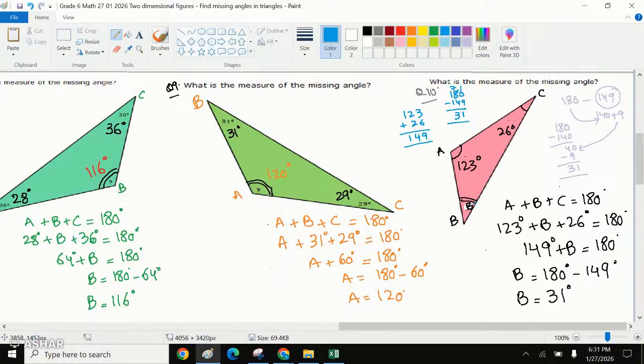Add 5 plus 3. Where do we have a 5? It's 26. 123 plus B plus 26 is equal to 180.